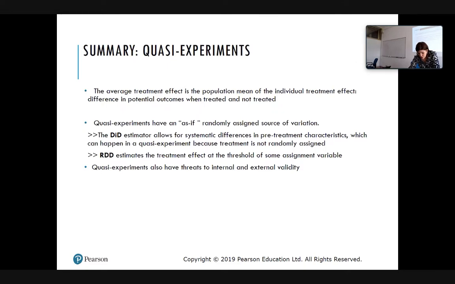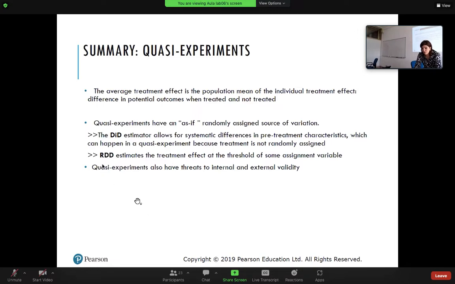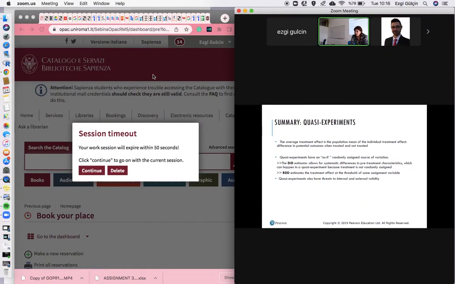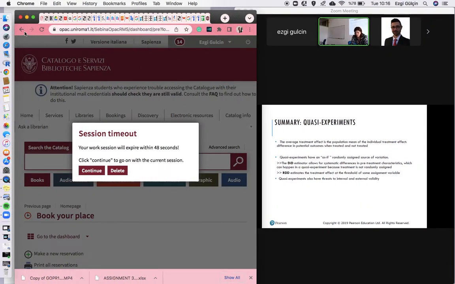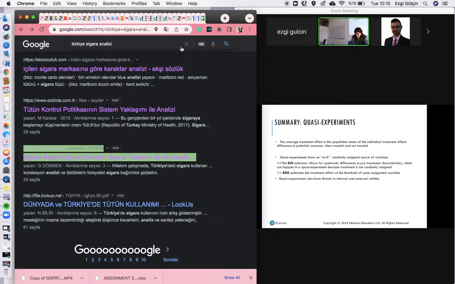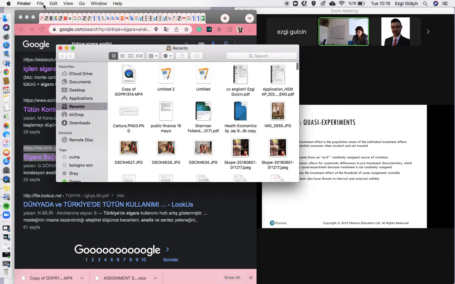Okay, so to sum up what we have done with these experiments and non-experiments, the average treatment effect is the population mean of individual treatment effects. Okay, so we cannot observe individual treatment effects. So the population mean of these individual treatment effects is the average treatment effect. And this is estimated by the difference in potential outcomes when we compare the treatment group to the control group.